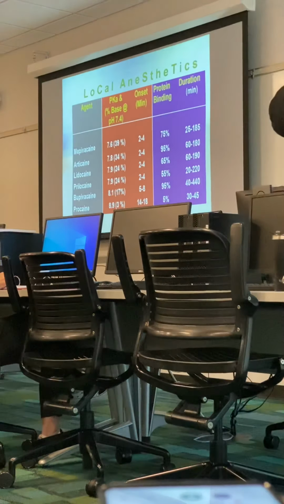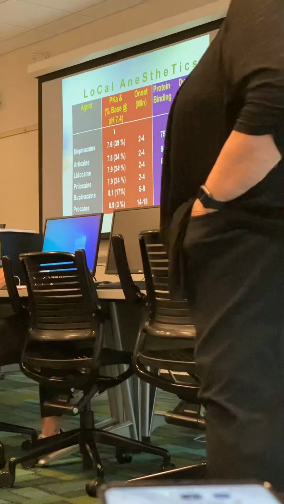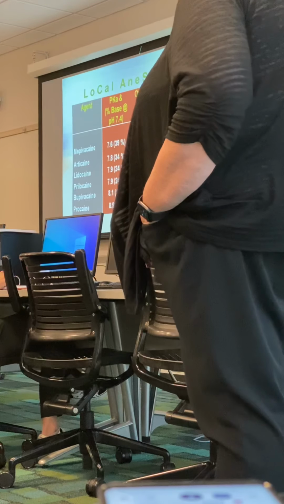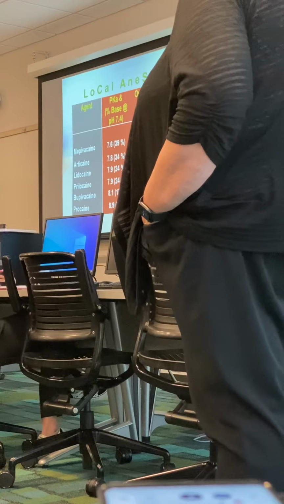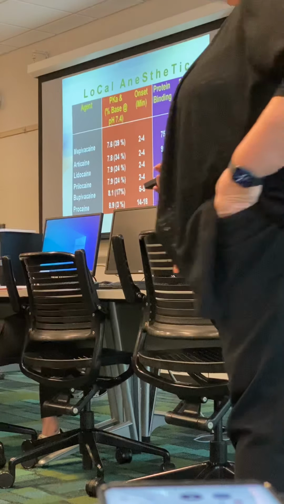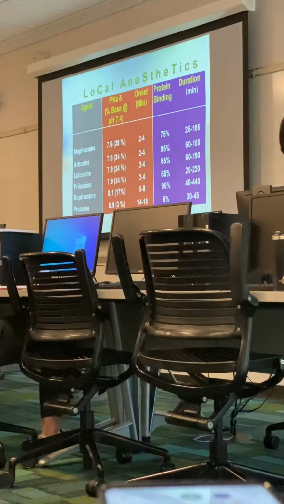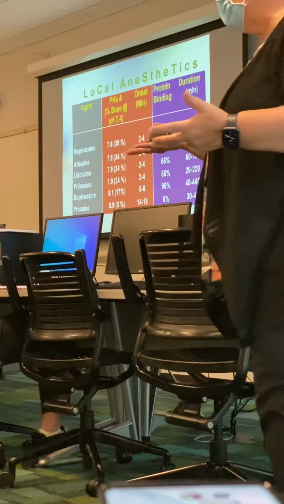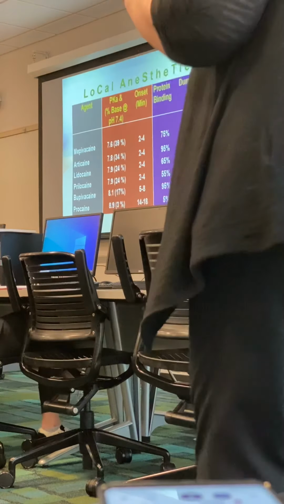All right, so this table will show you, looking at the different pKa's, the onset of the anesthetic, how protein bound it is, and the duration of that anesthetic. Now, when you look at some of these tables, they may be a little different because I use different articles or your book or something, so sometimes the numbers are off just a little bit, but I want you to just get the gist of this.